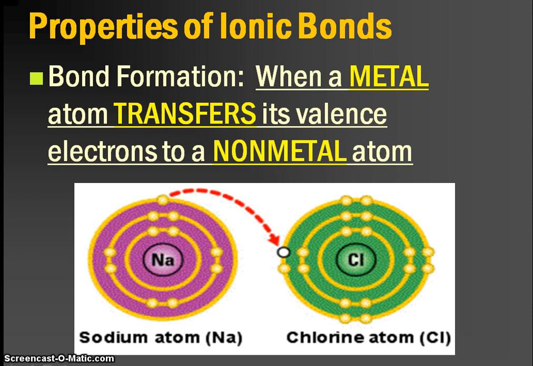And so both of these ions are why we have an ionic bond. Once one's positive and one's negative, this attraction occurs and they're bonded together.